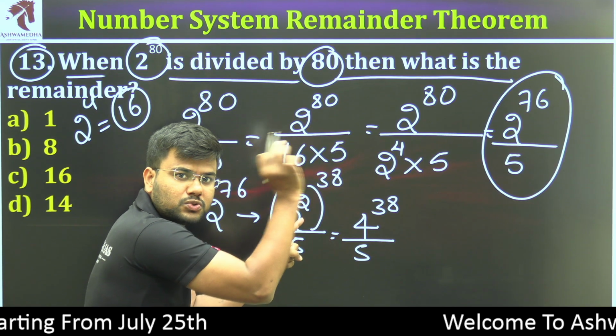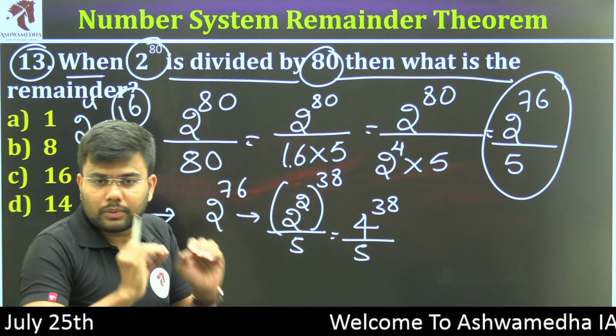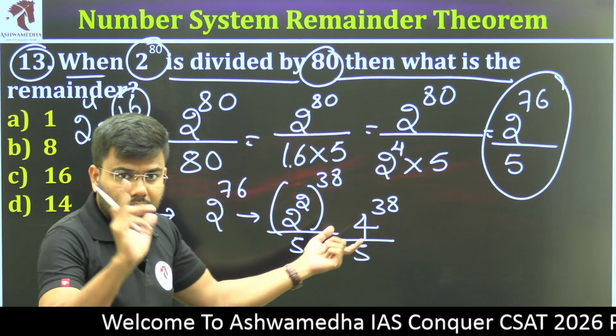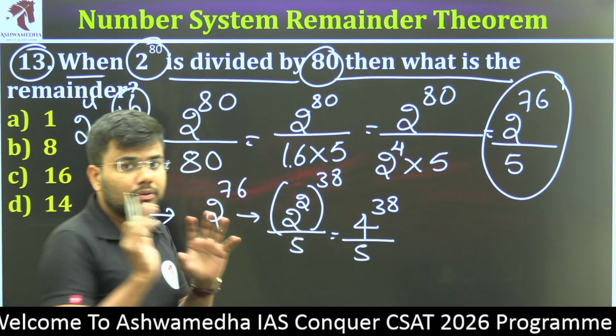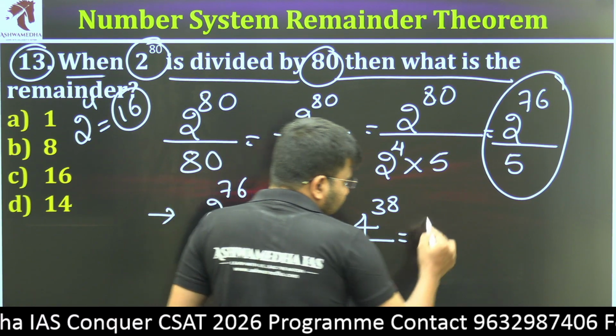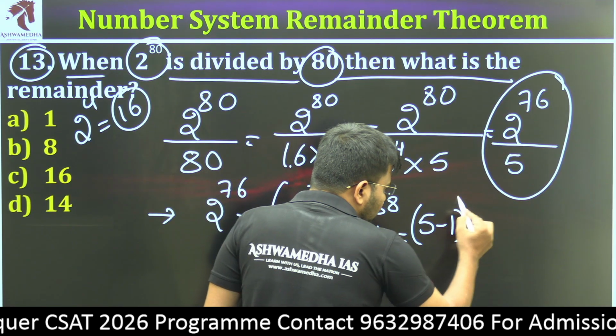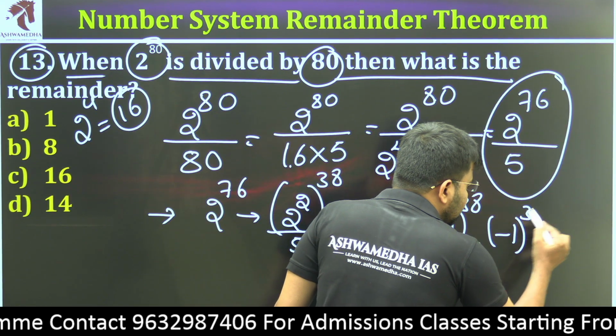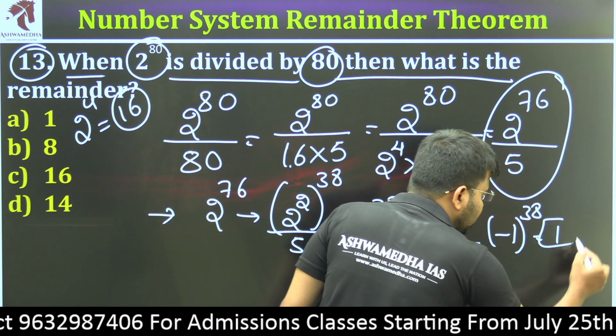The remainder is plus 1. You should be able to solve it in the examination hall without doing these steps, but I am solving here to make you understand. So 4 power 38 can be written as 5 minus 1 whole power 38 divided by 5, which gives remainder minus 1 power 38, which is equal to plus 1.